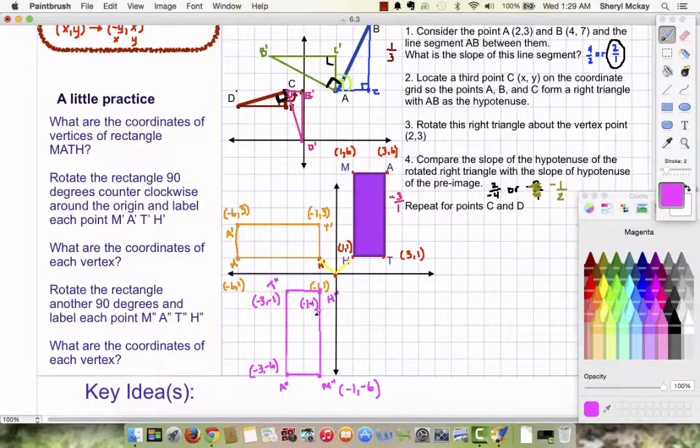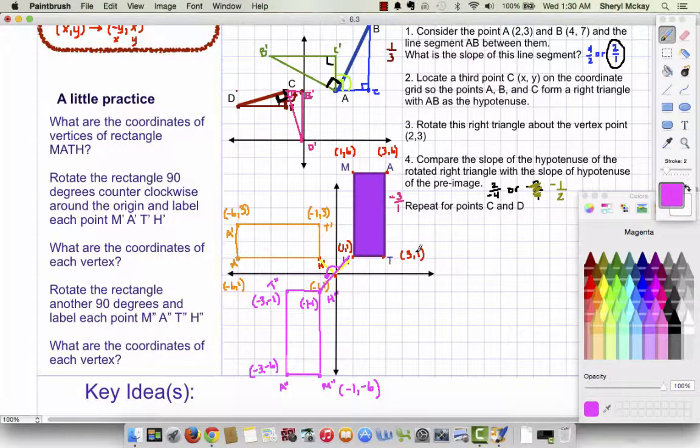So when we rotated this a full 90 degrees and another 90 degrees, we actually rotated it 180 degrees. If you think about it from here to here, this was 180 degrees. And what do you notice about these vertexes? Well, (1, 1) became (-1, -1). (1, 6) became (-1, -6). (3, 6) became (-3, -6).